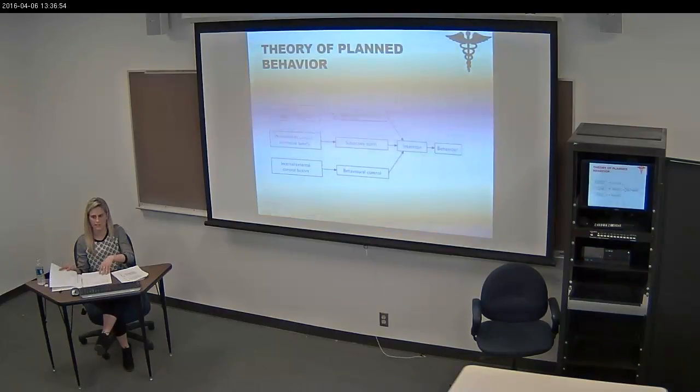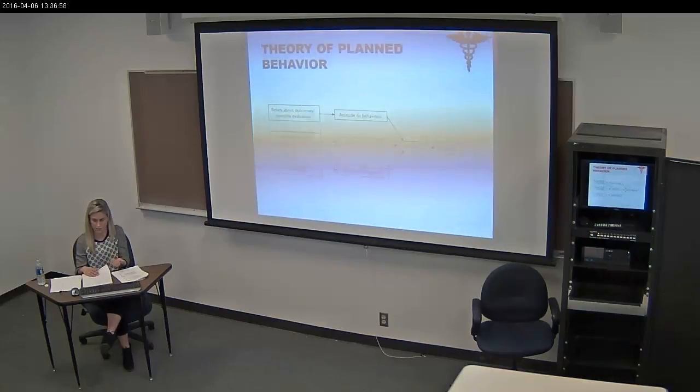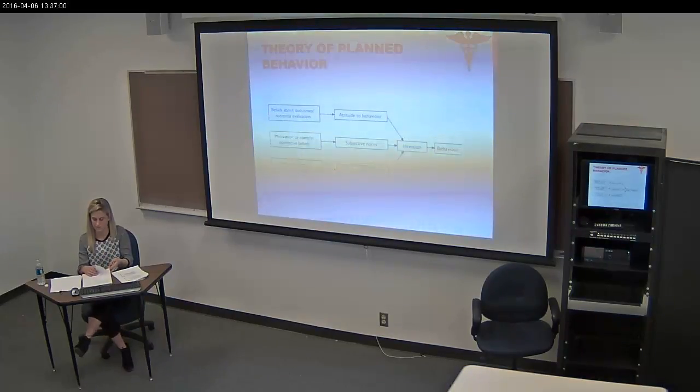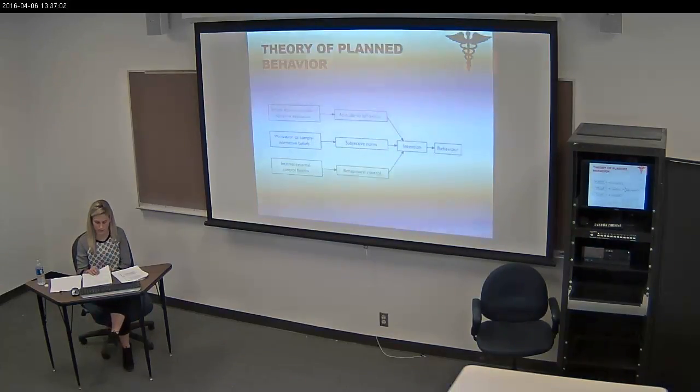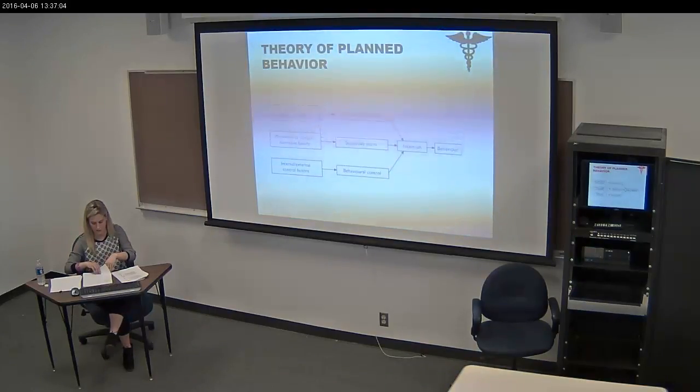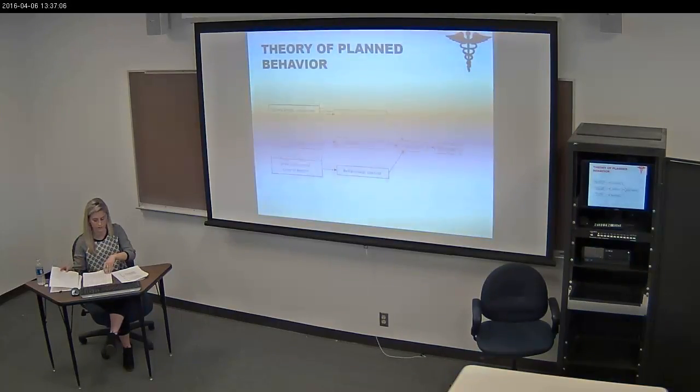Again, the con of this is it's static. It's not time-based. The model is very subjective, and it neglects social variables, and it isn't specific to the relationship between different health beliefs.